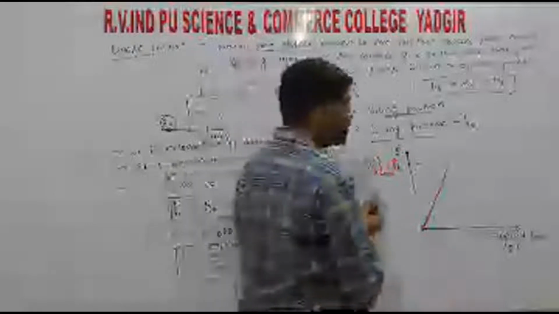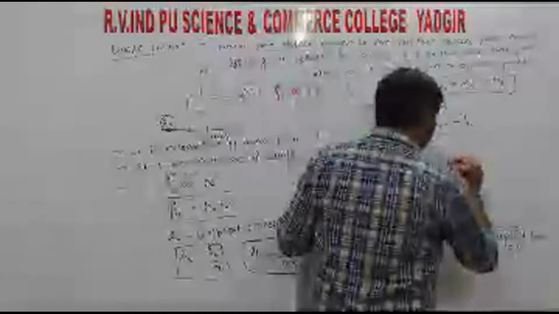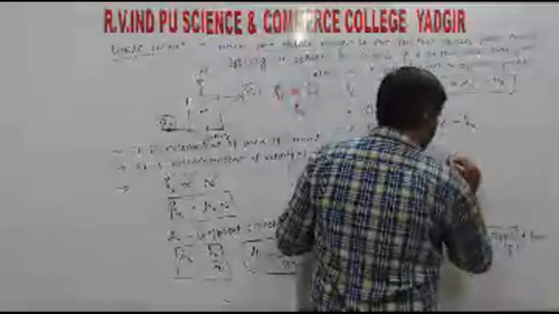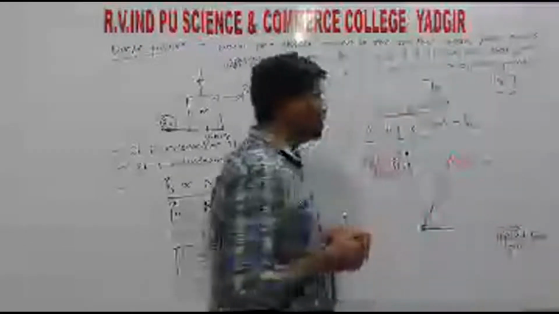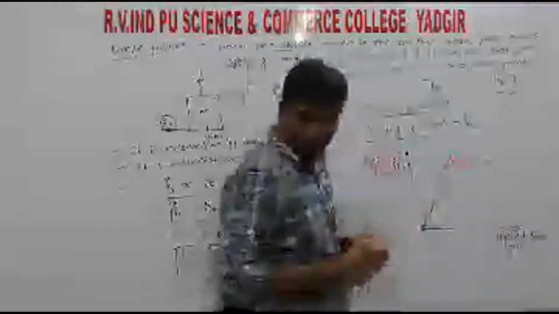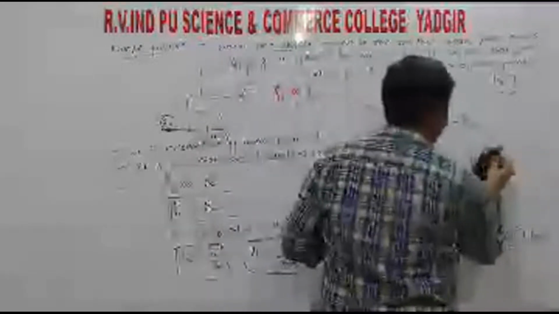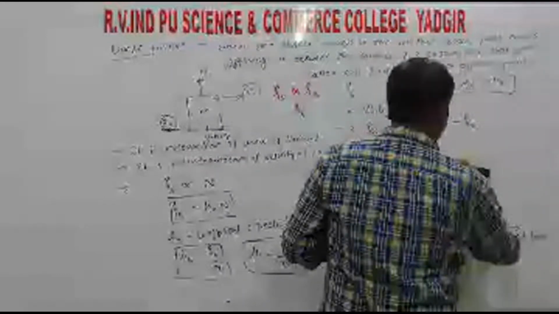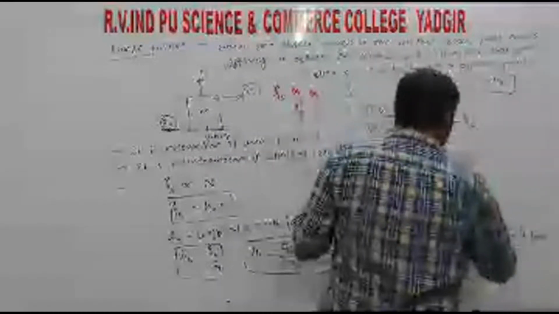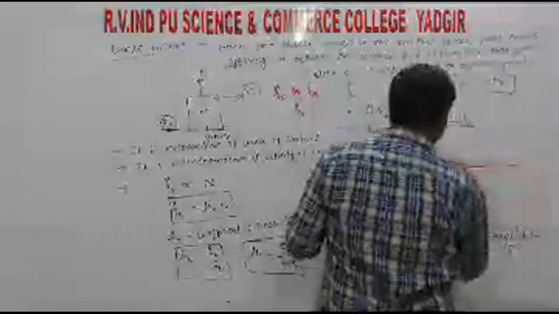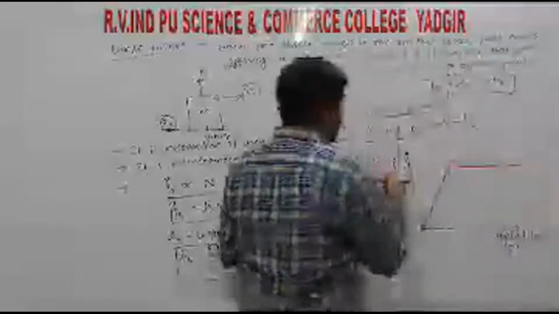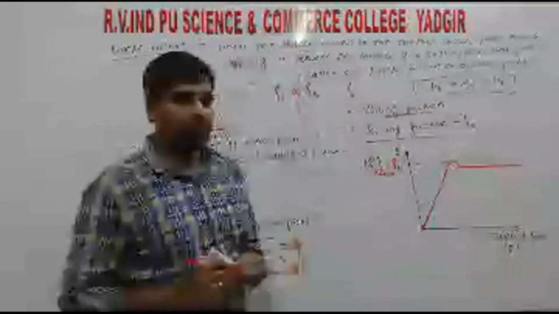So next ಏನಾಗುತ್ತೆ, the curve will come down like this, and again become constant, right? So this one is the limiting friction, FL, right?